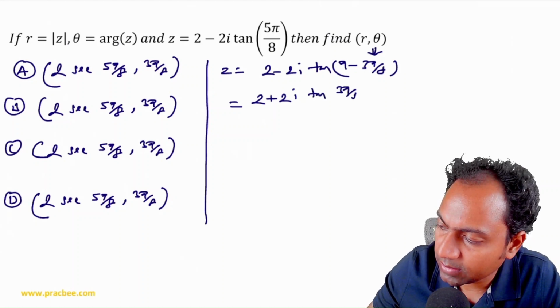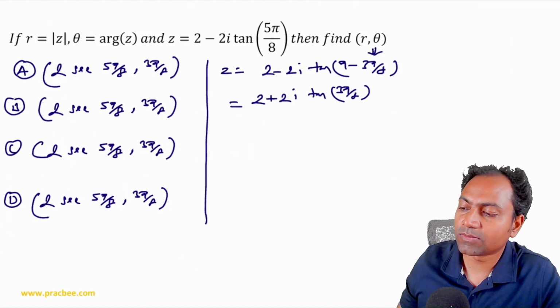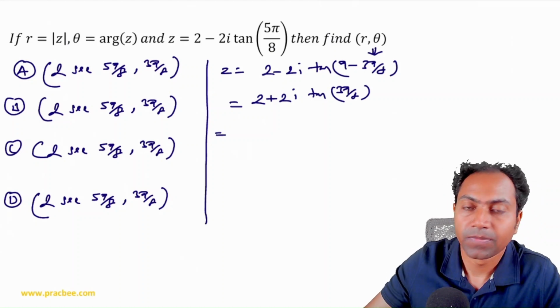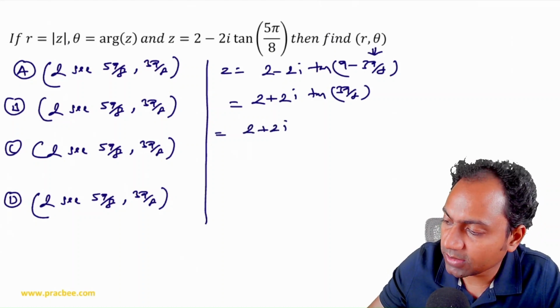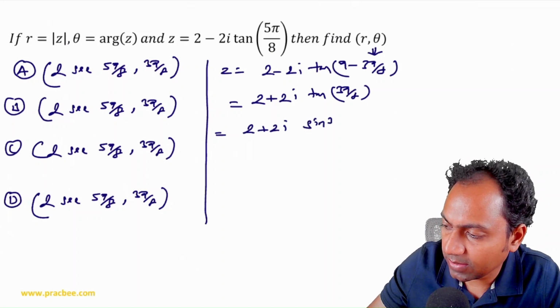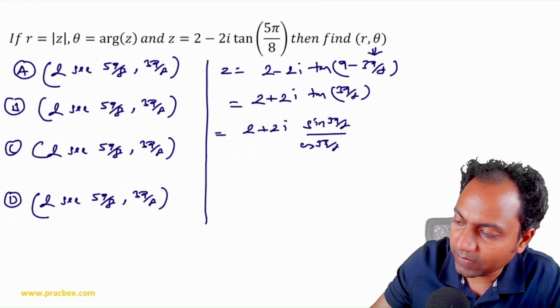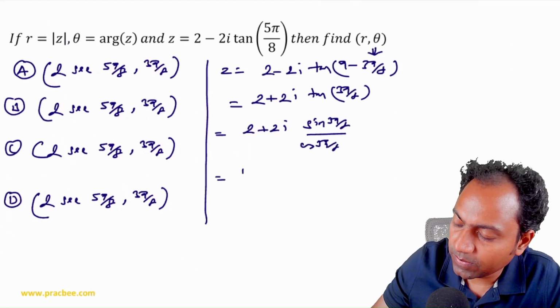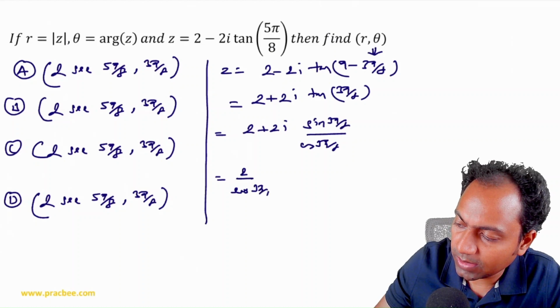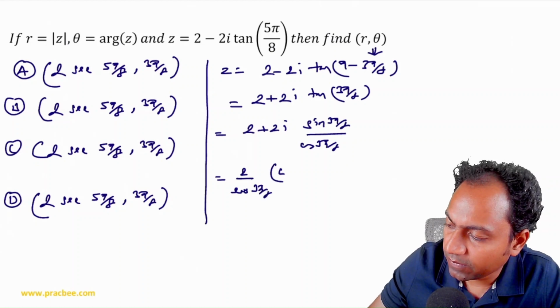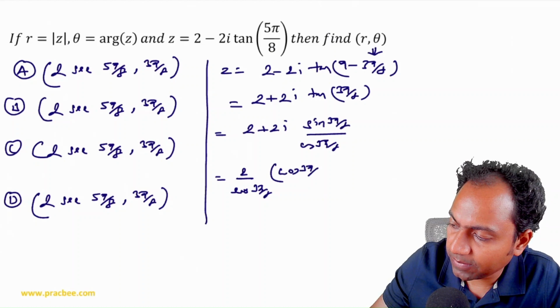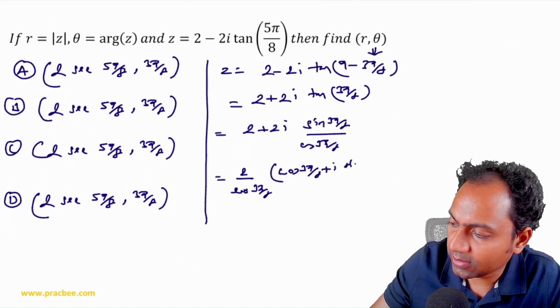So if I do this, this becomes 2 plus 2i tan 3 pi by 8. Now once I've got this, what I can do is I can take LCM. And if I do so, this can be written as sine 3 pi by 8 over cos 3 pi by 8. Now I can take LCM. So it will become 2 by sine, cos 3 pi by 8 can be taken outside, and it will become cos 3 pi by 8 plus i sine 3 pi by 8.